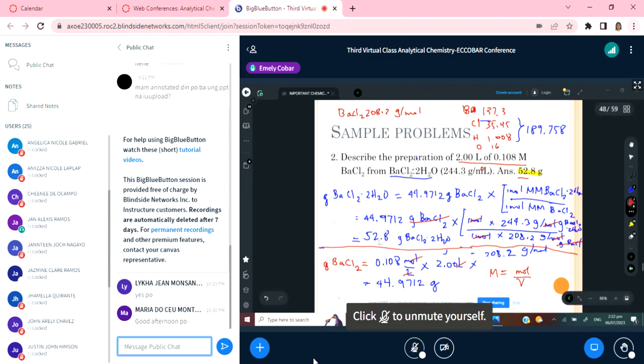Okay? 52.8 grams of barium chloride dihydrate will furnish, magbibigay yon ng 44.9712 gram of barium chloride in solution. Okay? So, ito yung iweweigh ko, 52.8 gram barium chloride dihydrate, and then I will dissolve it in small amount of water muna and then continue adding water hanggang ang total volume of the solution is 2.00 liter.